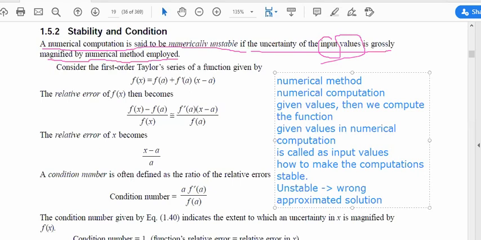Even if we compromise with the approximated solution, there is a situation when we get a wrong approximated solution. This is not affordable for us and cannot be compromised, and therefore we need to study the stable conditions for the computations. We are going to study them under this very topic.